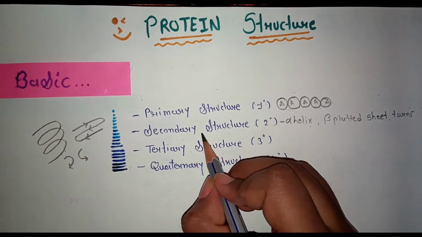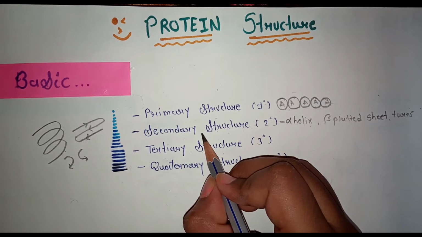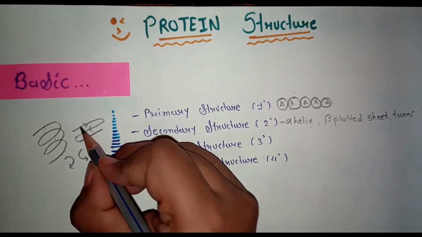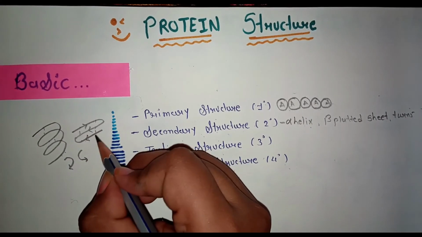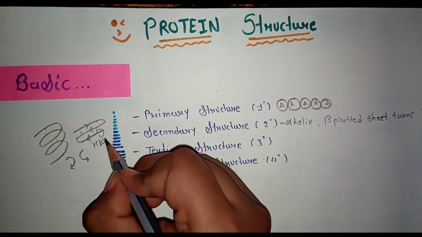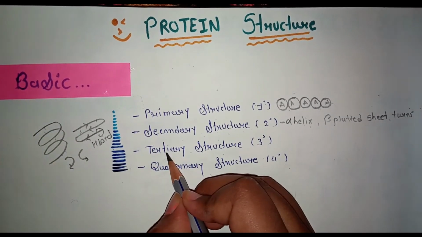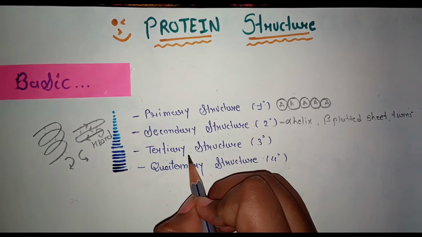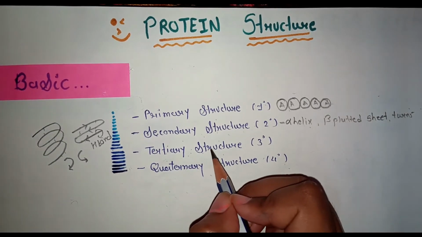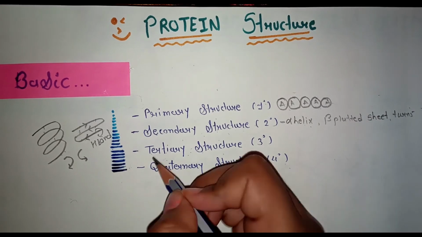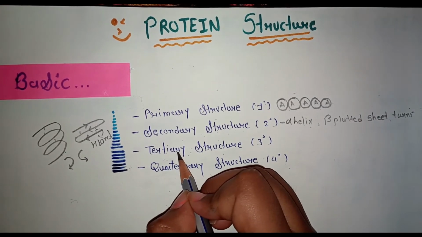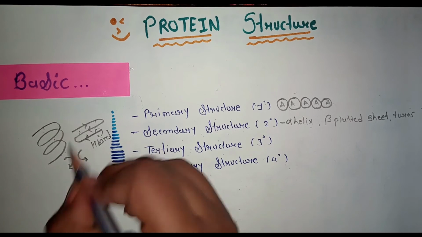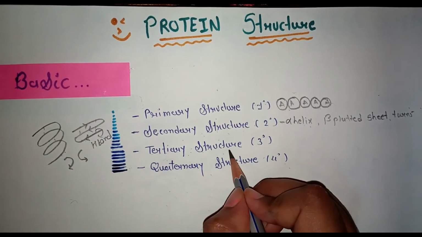Secondary structures only include intra bonds, that is, attachment of the polypeptide chain through hydrogen bonds. But tertiary structures include non-covalent bonding as well, so they include intra plus inter bonds. As in the example here, a disulfide bond is also included. So secondary structures combine and make the tertiary structure of any protein.